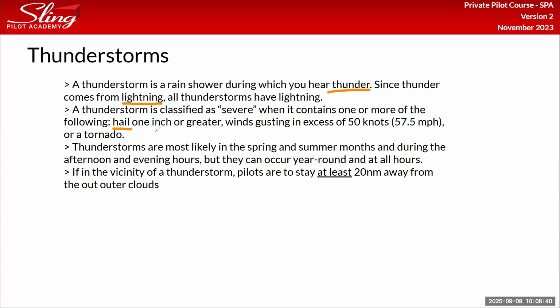So we talked about hail is created in thunderstorms, and also turbulent wind in excess of 50 knots or greater, or in the most extreme case, a tornado can be formed from a thunderstorm. Stay at least 20 nautical miles away from a thunderstorm.